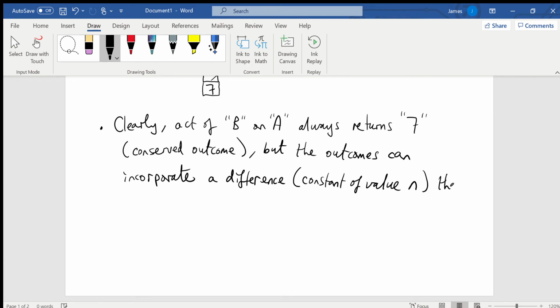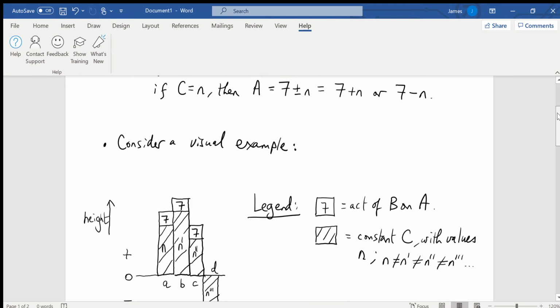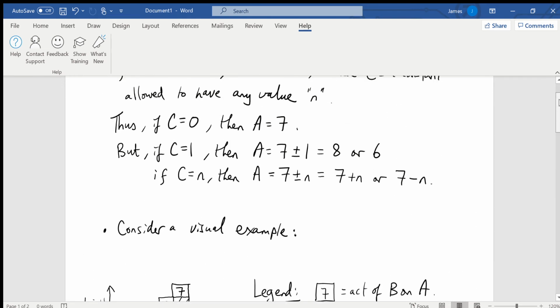That doesn't alter the conserved status. So as we can see, it's conserved, but with an allowable difference.